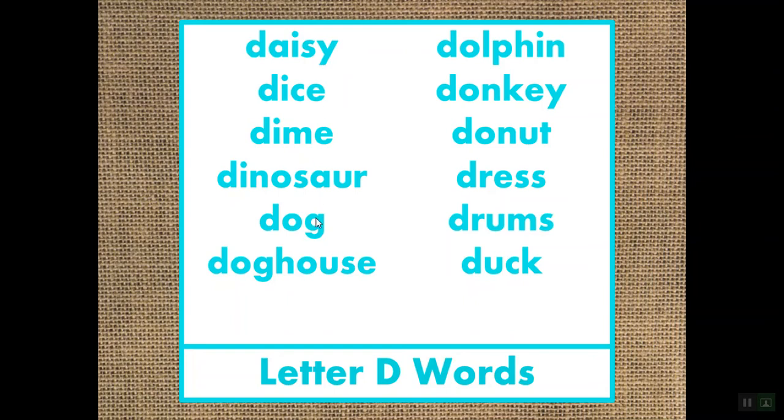All 12 of these words start with our letter of the day, the letter D, and that letter D says duh. Let's head on over to the big board so we can practice writing our capital D and our lowercase d.